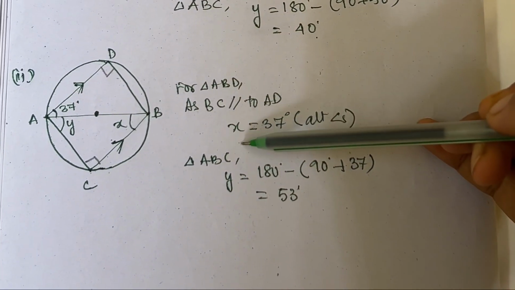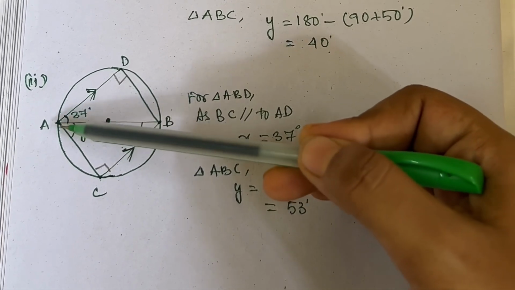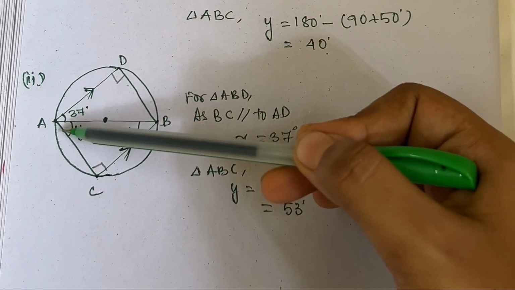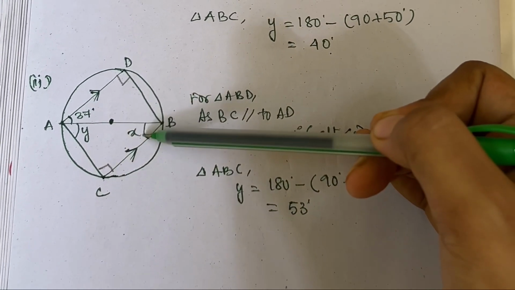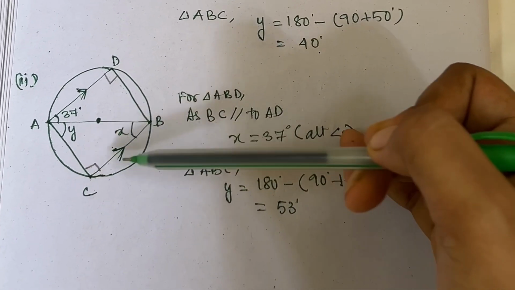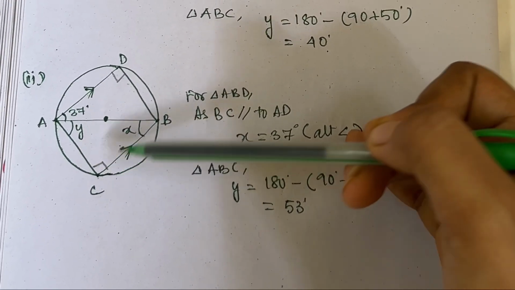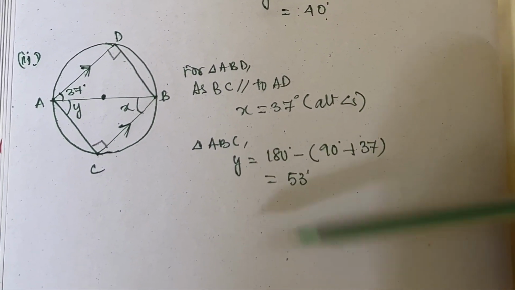Now to find Y in triangle ABC, we know X as 37 degree, we know 90 degrees, so we subtract 180 degree minus (90 plus 37), and we get Y as 53 degree.